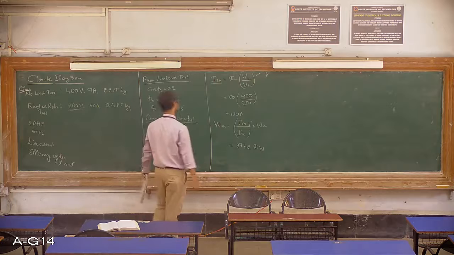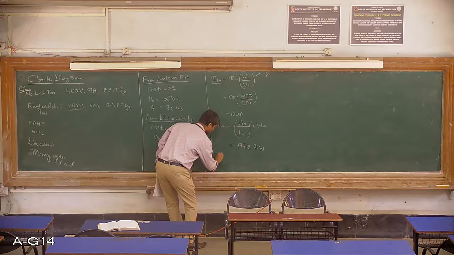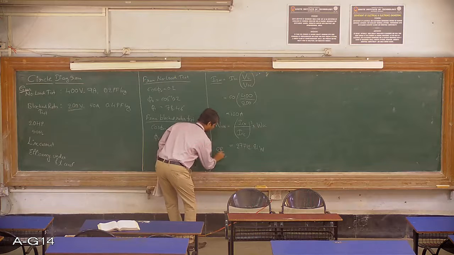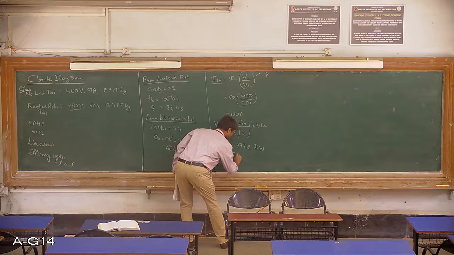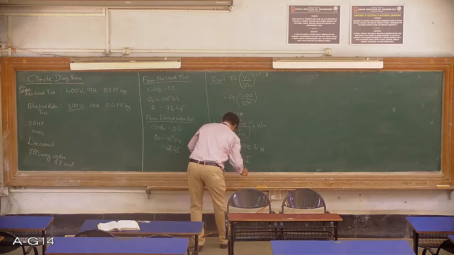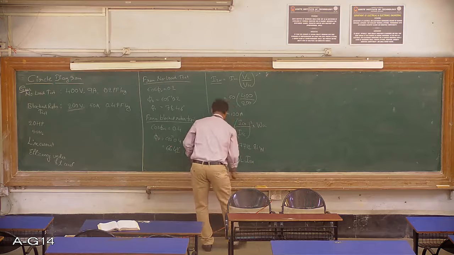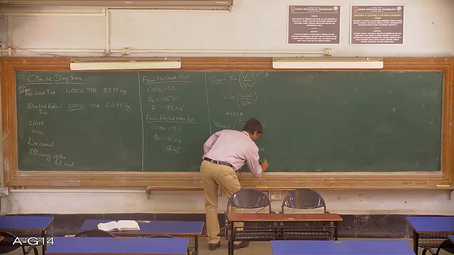For WSN we can use one more equation, which is optional: root 3 VL ISN cos phi SC.